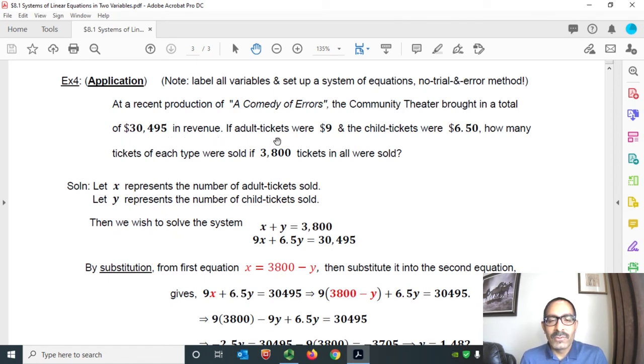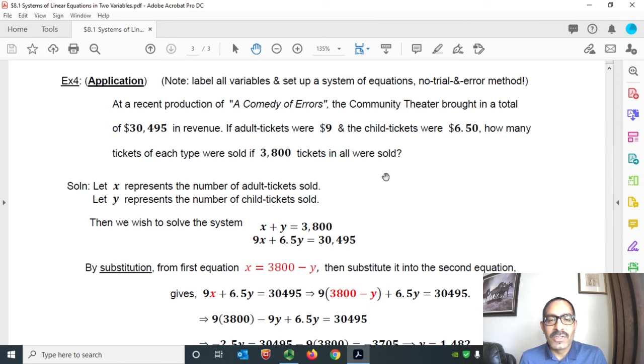If adult tickets were $9 and child tickets were $6.50, how many tickets of each type were sold if 3,800 tickets in all were sold? I hope the question makes sense to you all. So to do the application type problem, label all variables and set up a system of equations. Please do not apply trial and error methods. So let's begin the solution here.